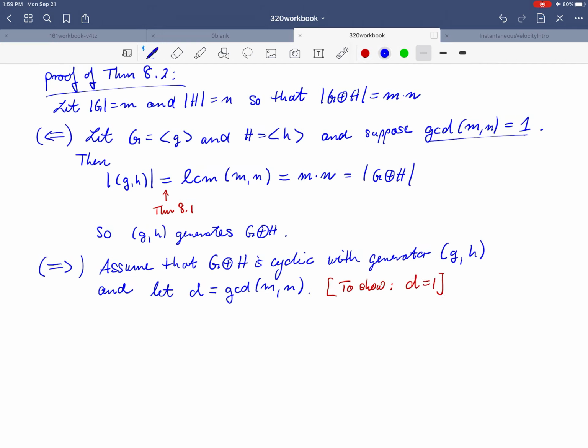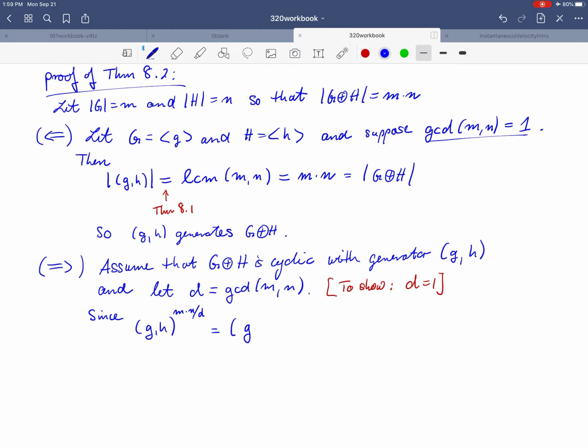Okay, let's see how we can do that. Well, let's look at (G, H) raised to the M times N divided by D. If we are looking at that, since D is a divisor of both M and N, we can rewrite this.